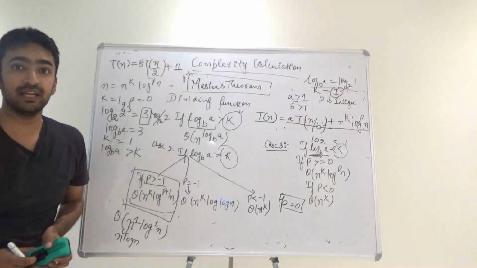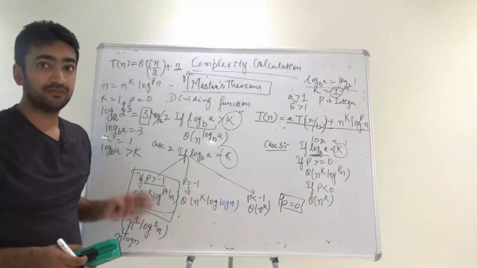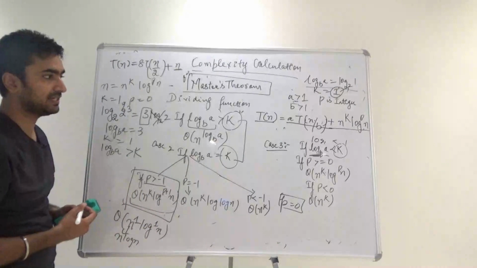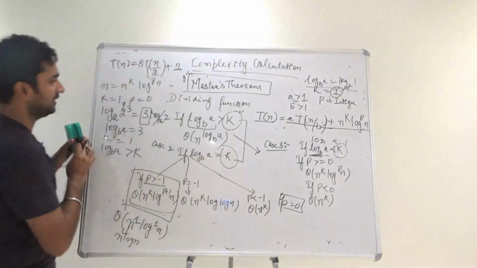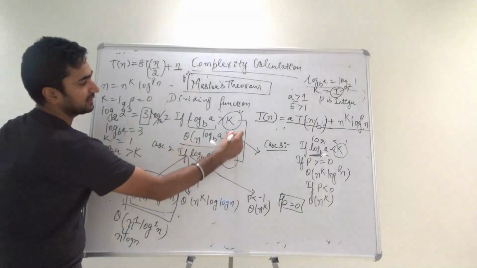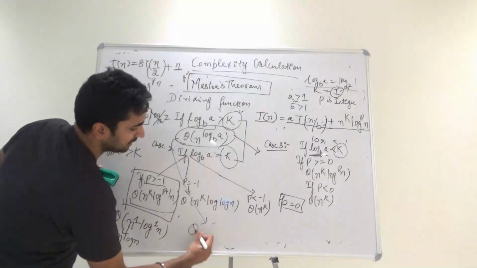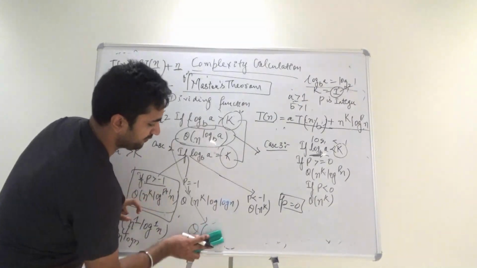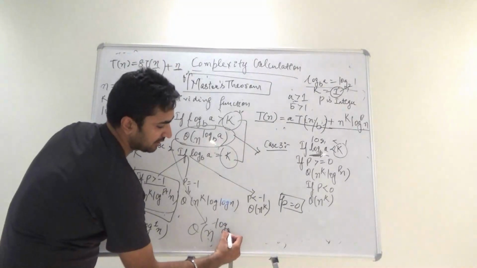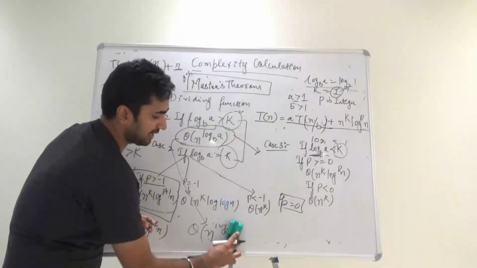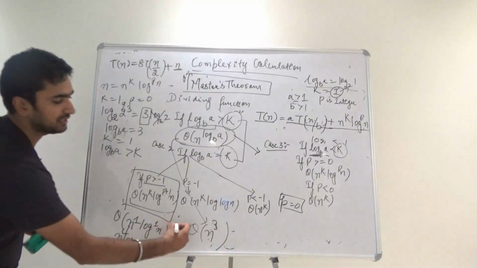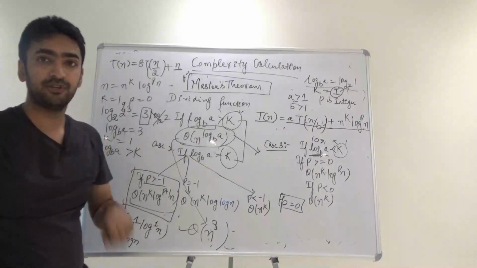If log base b of a is greater than k, clearly this belongs to this particular case, and the answer is clearly written over here: theta of n raised to power log base b of a, and log base b of a we calculated as 3. So the complexity is order of n raised to power 3.